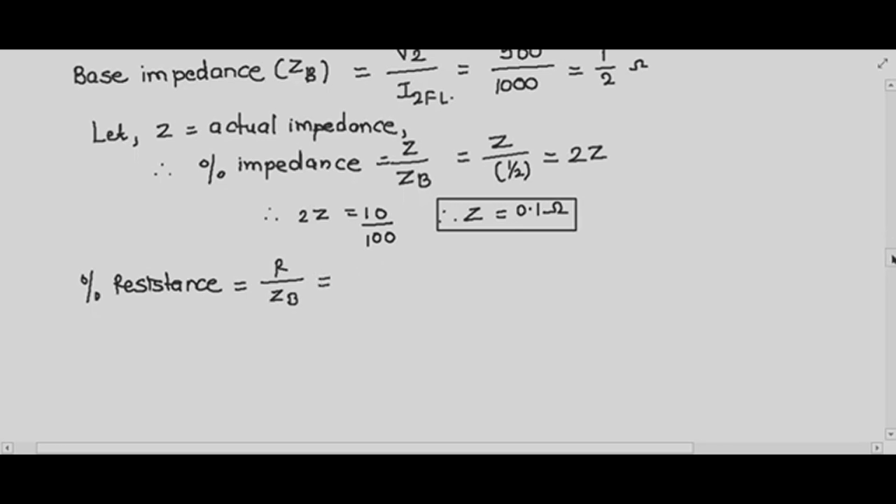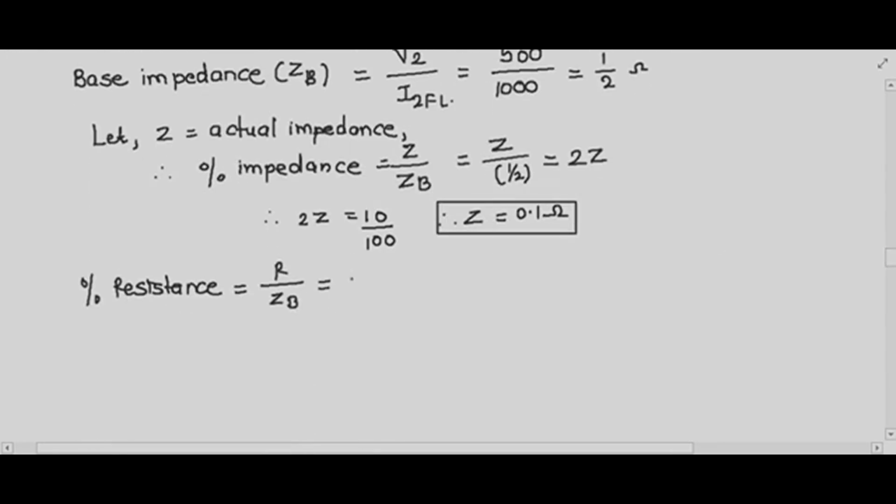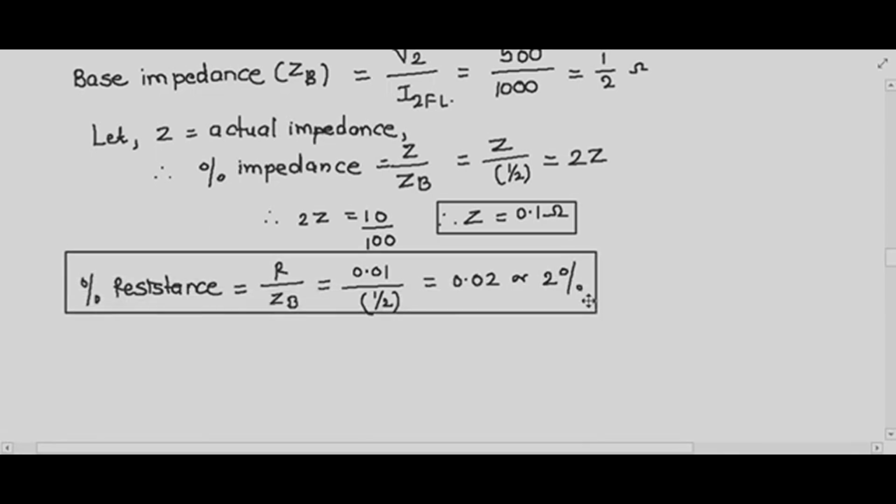It is given in the problem, 0.01 ohm. So 0.01 ohm divided by ZB. What is ZB? 1/2. So percentage resistance you will get as 0.02 per unit, or we can say it as 2%. So this is your first answer.